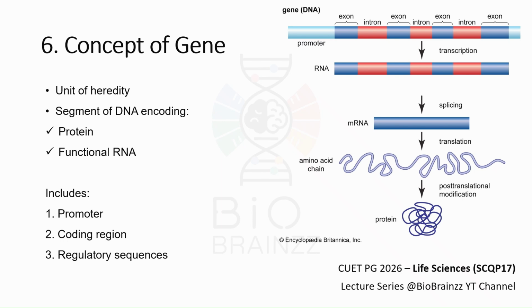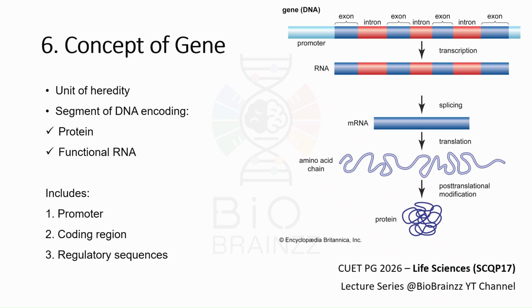The diagram on the right shows the complete flow from the DNA with exons and introns to transcription into RNA, splicing to form mature mRNA, and finally translation into a polypeptide chain followed by post-translational modification to form a functional protein.